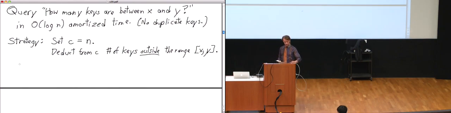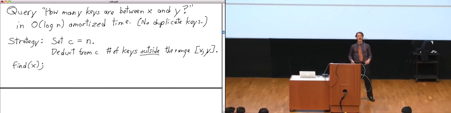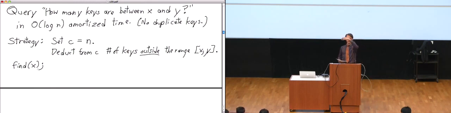First, I run find on x. And after you do this, all of the keys in the left subtree of x are going to be less than x.